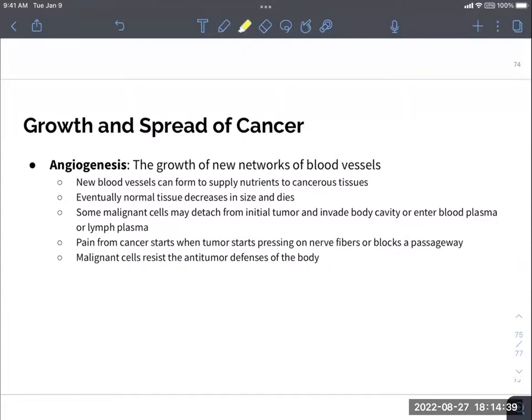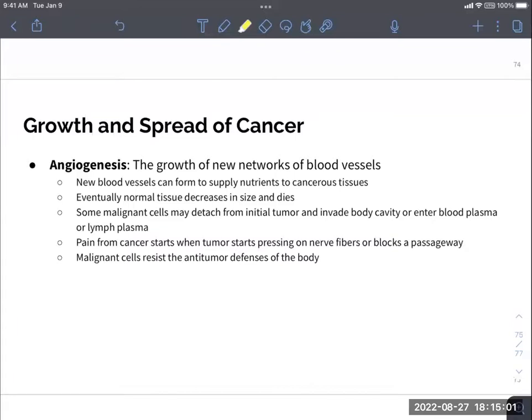As these new blood vessels are formed, this is how malignant cells can get from one part of the body to the next. A cell could come off, get into the bloodstream, into the lymphatic system, and travel to some other part of the body.